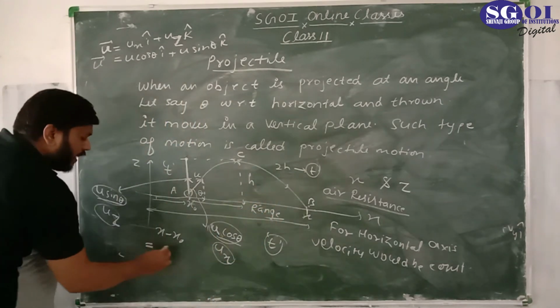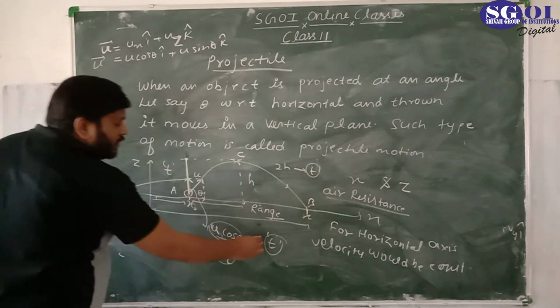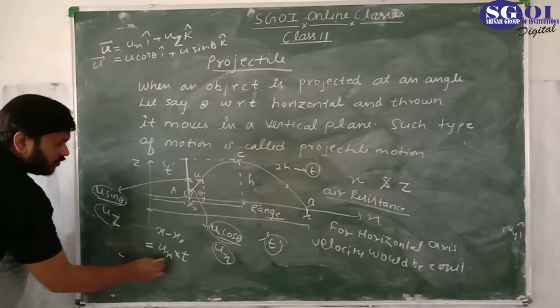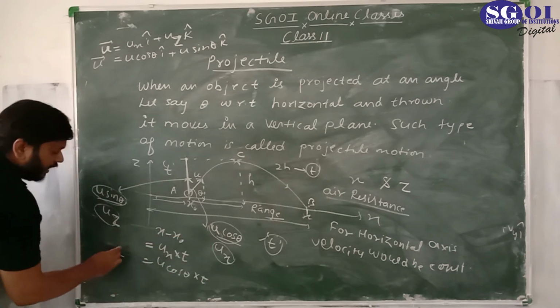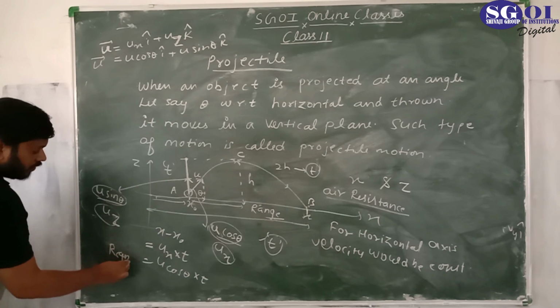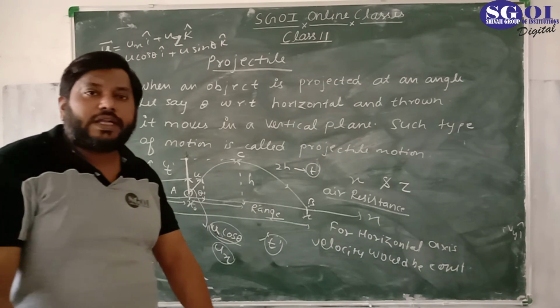The speed is ux and the time is t, and ux is u cos theta. So finally, range is equal to u cos theta into t.